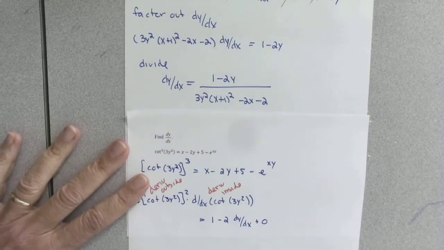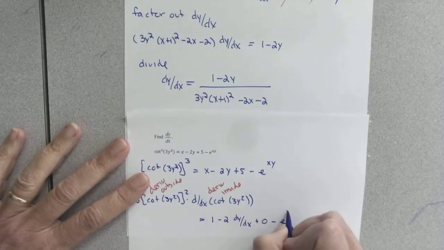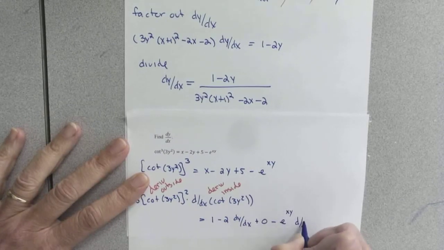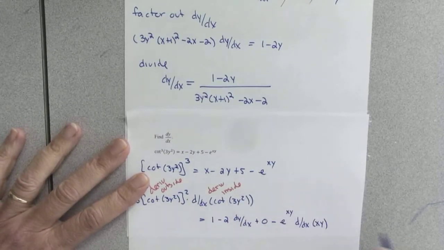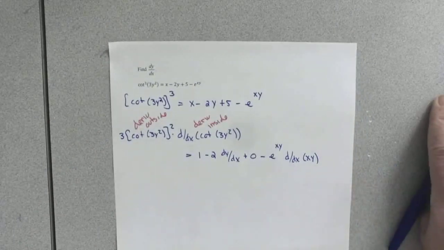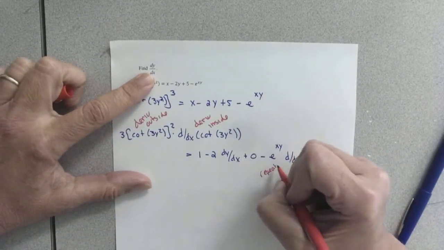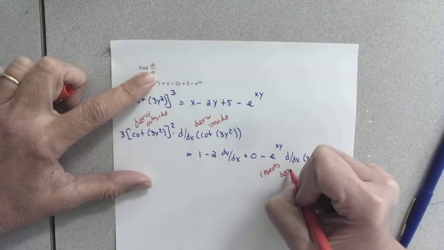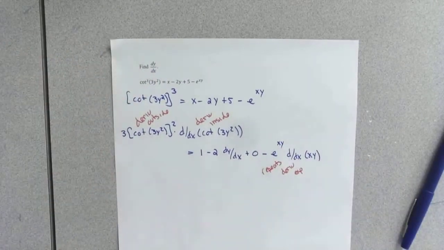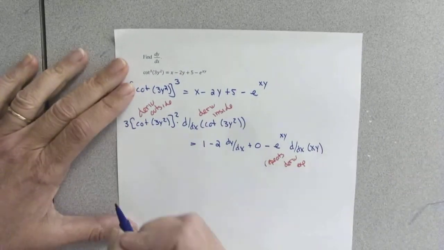Derivative 5 would be 0. Then I get the e. It repeats. Derivative of the exponent. Repeats. Derivative exponent. So let's keep going on that.